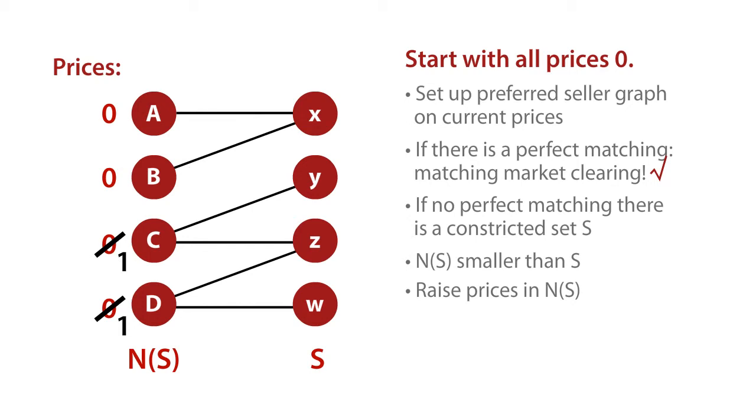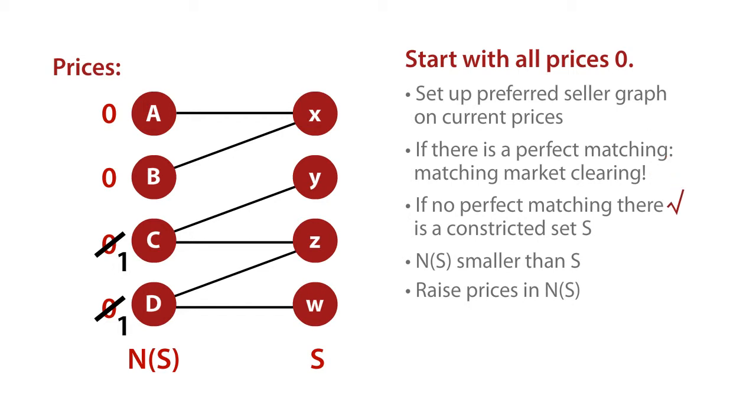And if they have other preferences, then maybe we now find a perfect matching. So again, we're done. We found a perfect matching with this set of prices. That set of prices is market clearing, and we found our market clearing prices and its perfect matching.